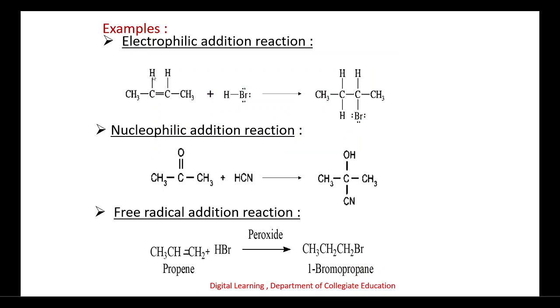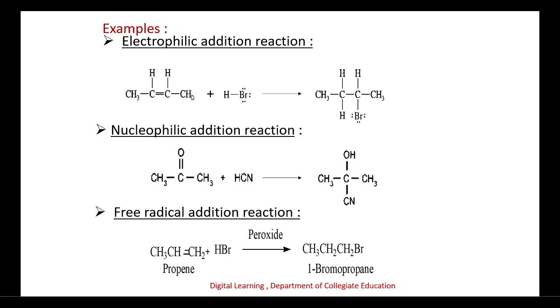And coming to the different types of addition reaction, once again based on the nature of the reactive intermediate, we are going to classify addition reactions into electrophilic, nucleophilic, and free radical addition reactions. Coming to the electrophilic addition reaction, when there is an addition reaction involving an electrophile, we call that an electrophilic addition reaction.